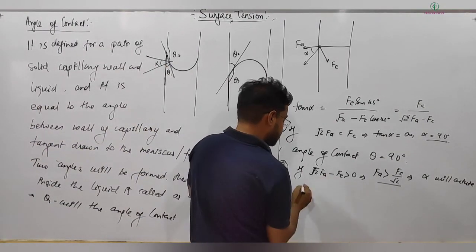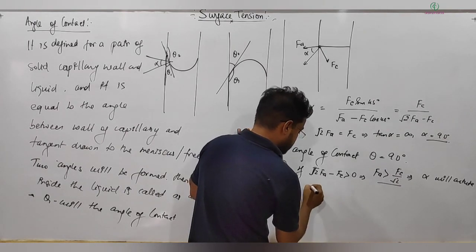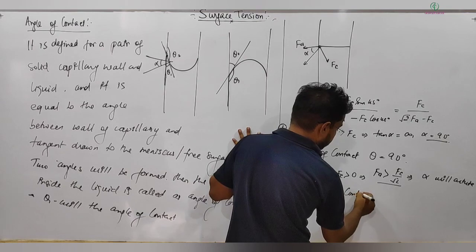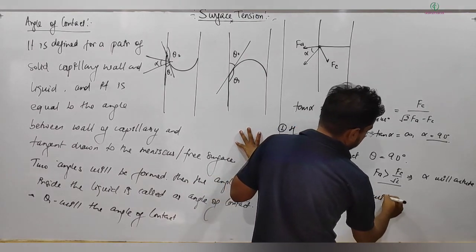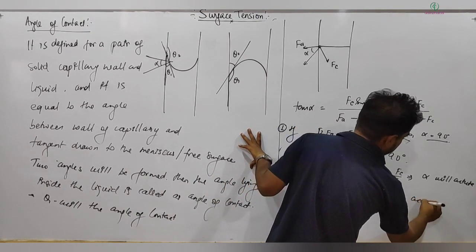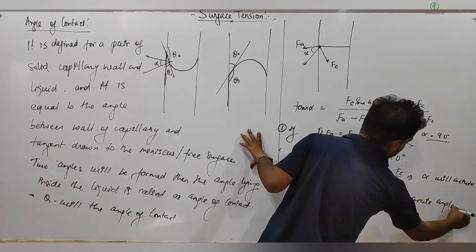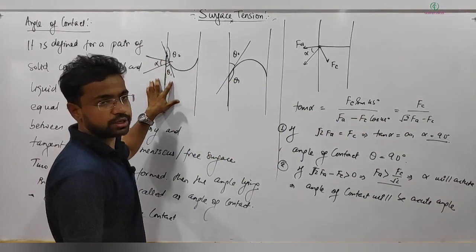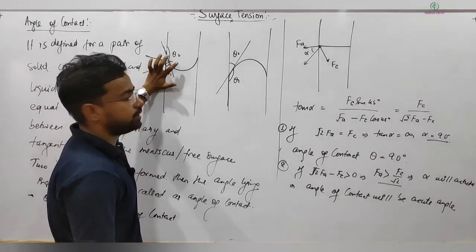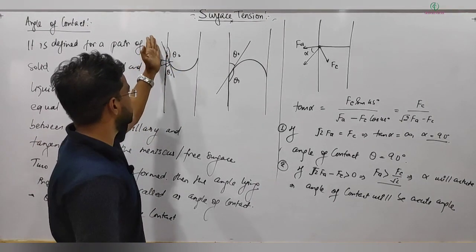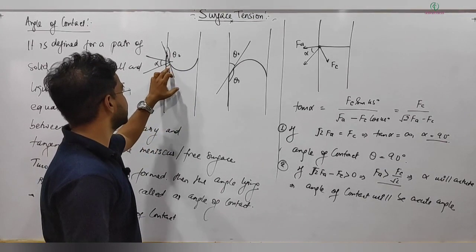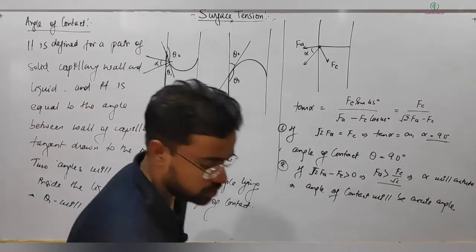So in this situation you can write angle of contact will be acute angle, because this is also related to meniscus. In this situation we already know meniscus shape will be concave upward, and that is exactly like in this. So this angle we are defining just as angle of contact, and this angle I will just draw.